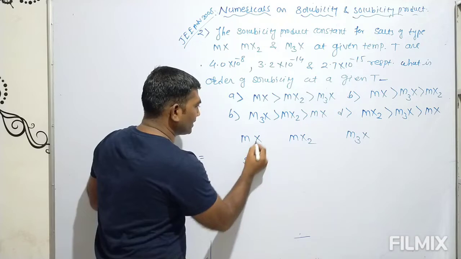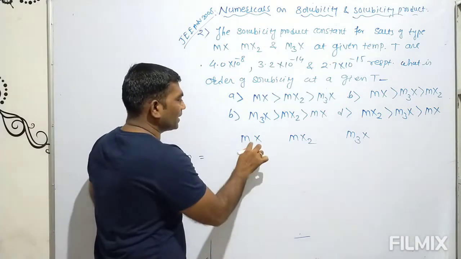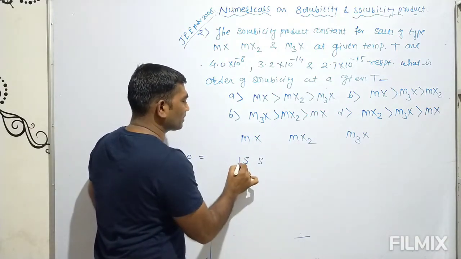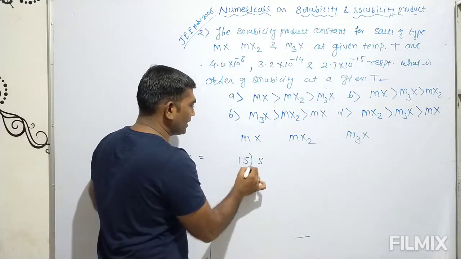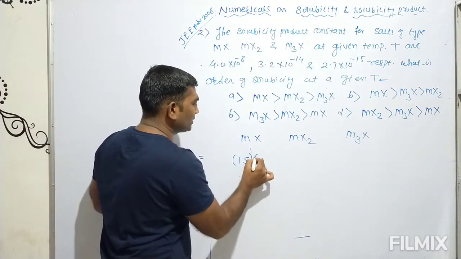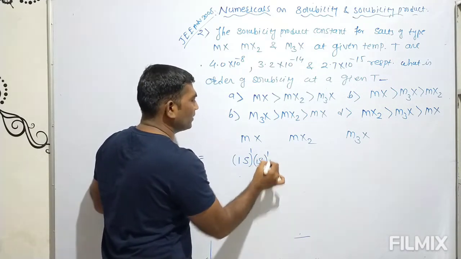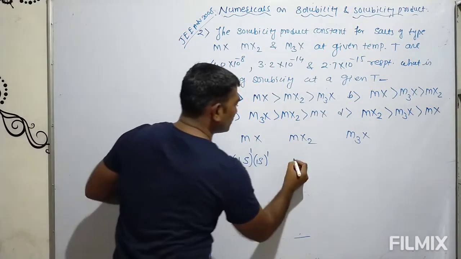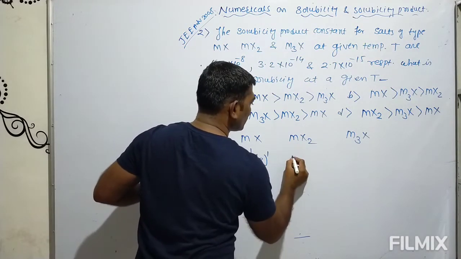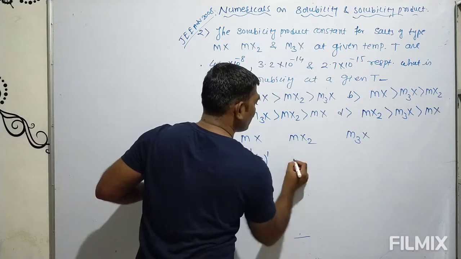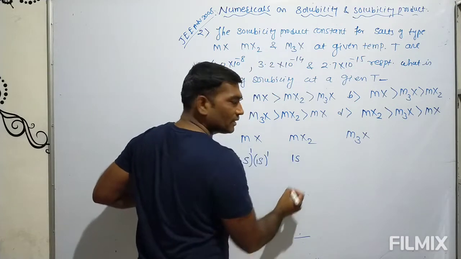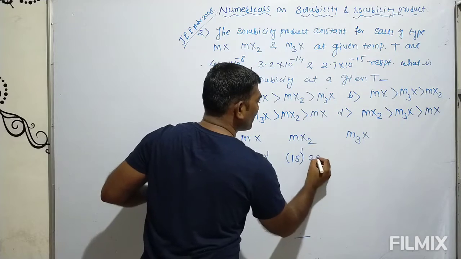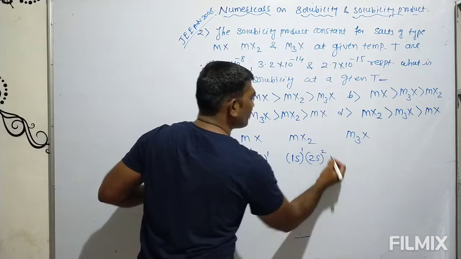Subscripts become the coefficient and the power. For MX there is no subscript, meaning 1 and 1, so KSP is 1s into 1s. For MX2 the subscript is 2, so it becomes coefficient and power.